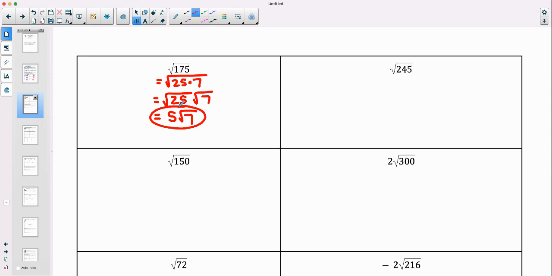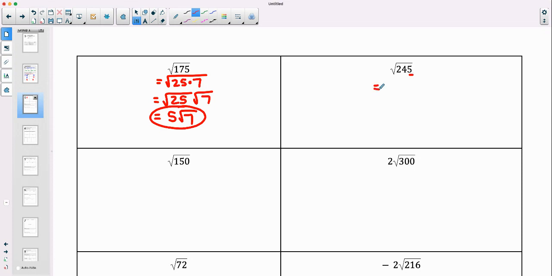245 is one, again, when the numbers get a little bit bigger, trying to find something that would work in the list for that. So when you're looking at square root of 245, 25 is not going to work. But what we can do is anything that ends in 5, you can divide by 5.